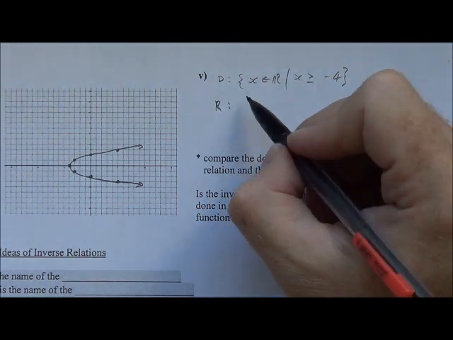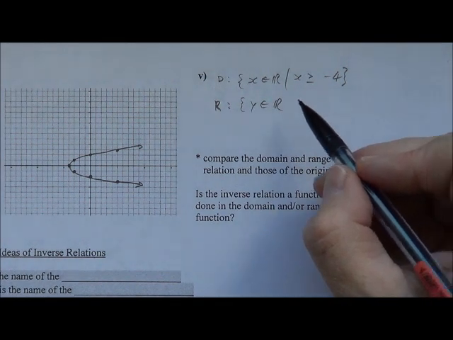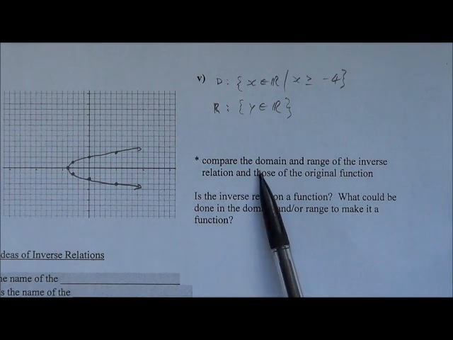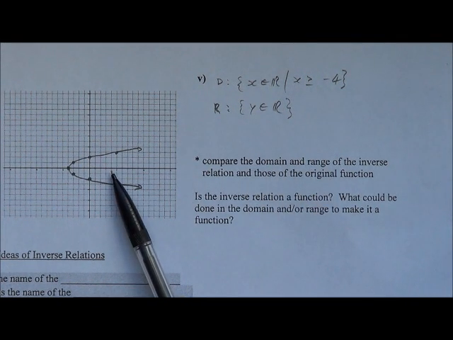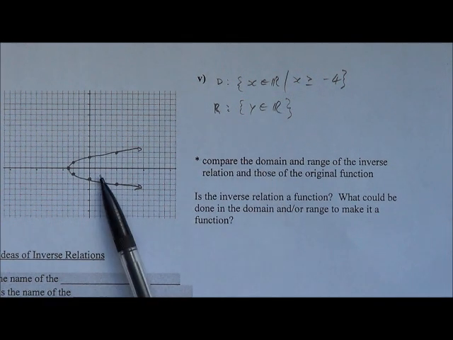And looking at that range. Okay, now compare the domain of this transformed function, or the inverse function, with the domain of the original function, and then compare the range of the inverse function with the original.